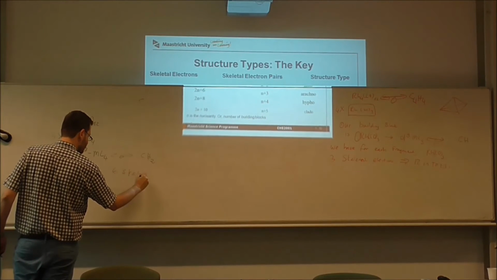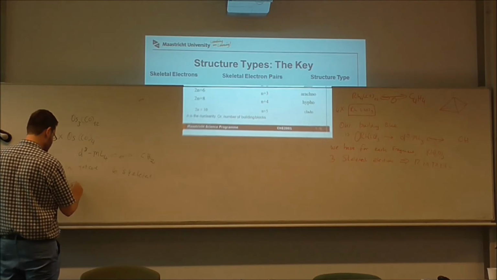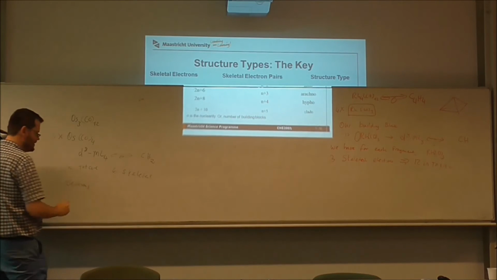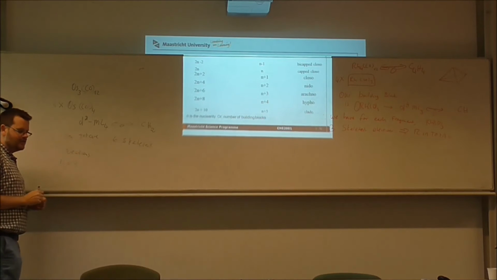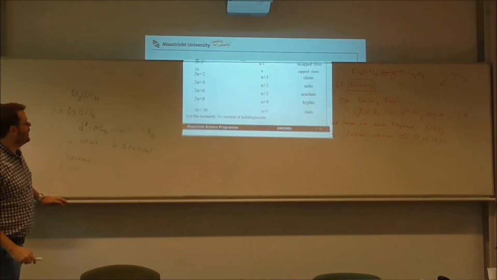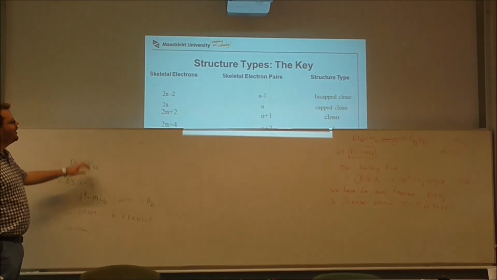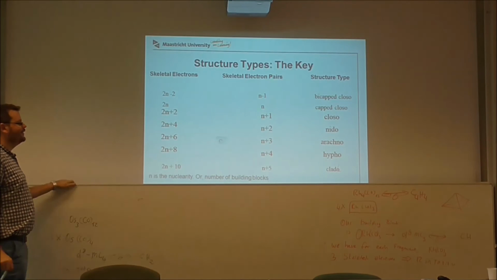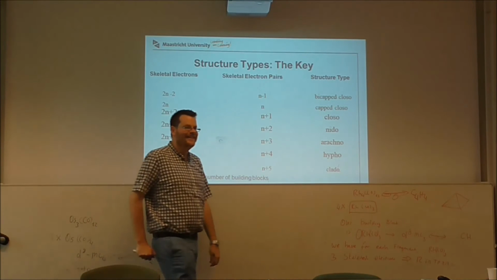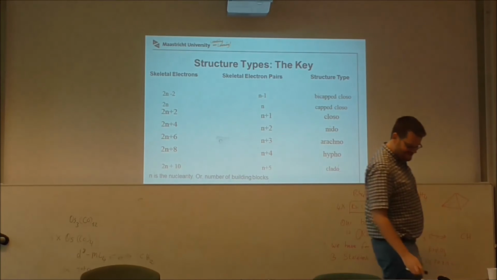Yes, go on. Nuclearity is 3, so it's just 2n. So what is it going to be? 2n plus 0, which equals? Capped closo. Yes. Capped closo.